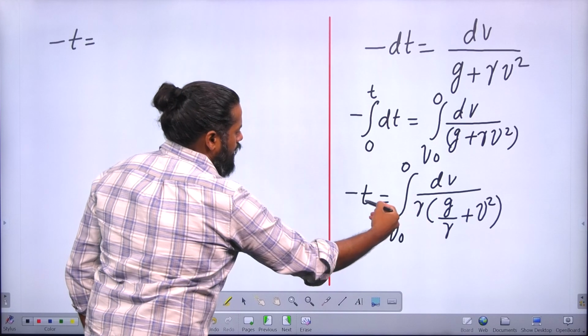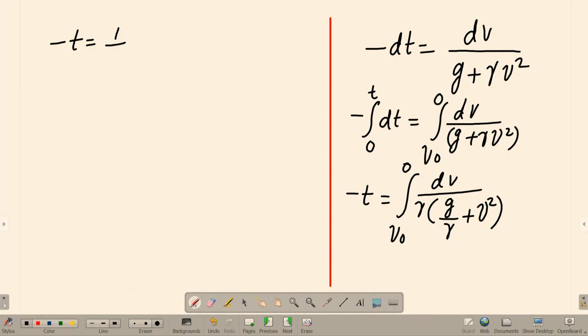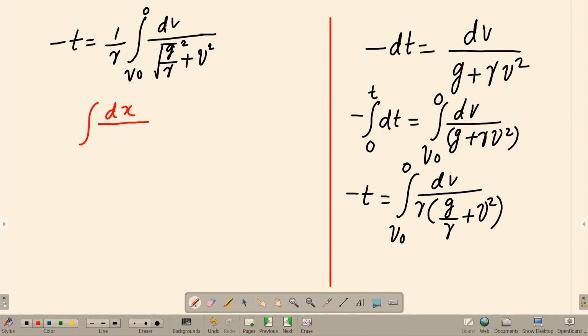Look here. Minus t is going to be equal to 1 by gamma, integral v0 to 0, dv divided by, you can write g by gamma under root whole square, plus v square. So this integration is of the form integral dx divided by a square plus x square.